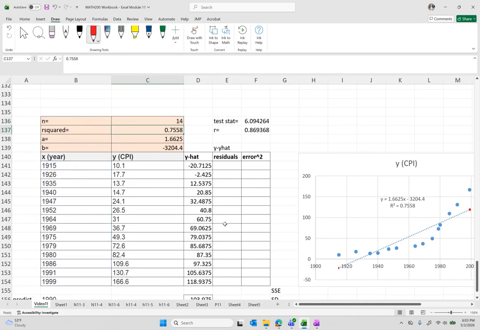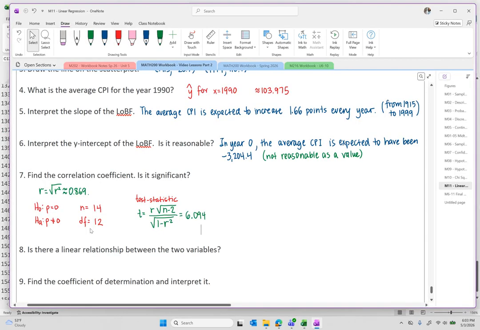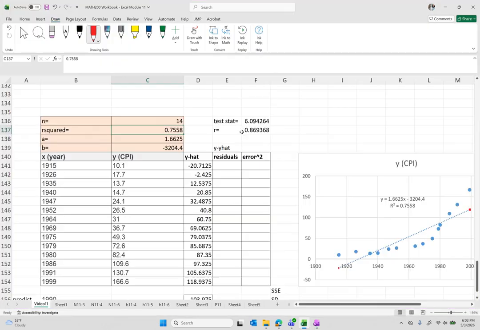My degrees of freedom will be 12, and then I use the formula in Excel to find the test statistic. It is R times the square root of the degrees of freedom divided by the square root of 1 minus R squared. So again, here in Excel, I entered this formula.